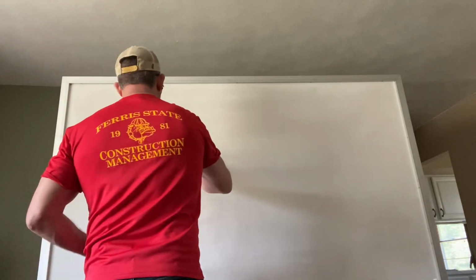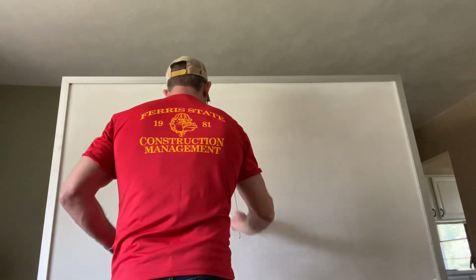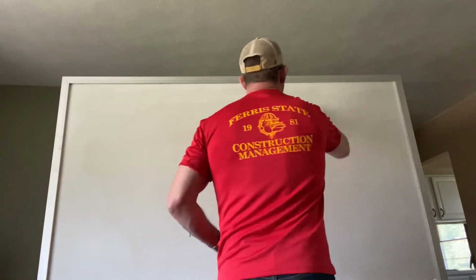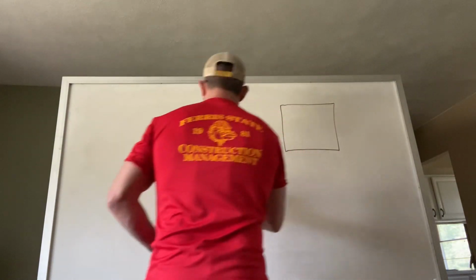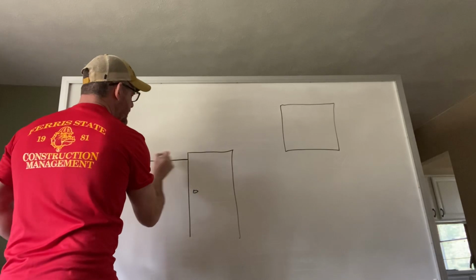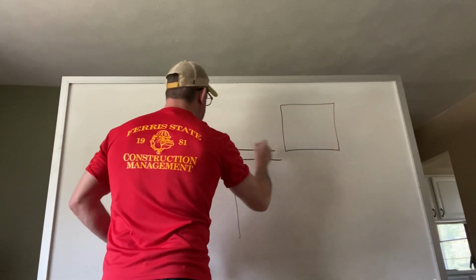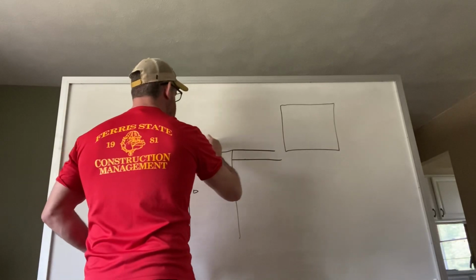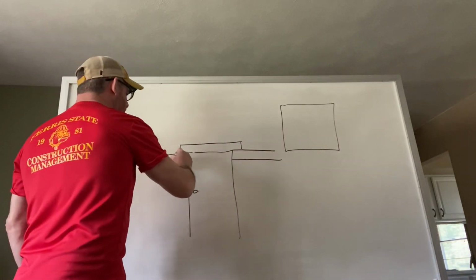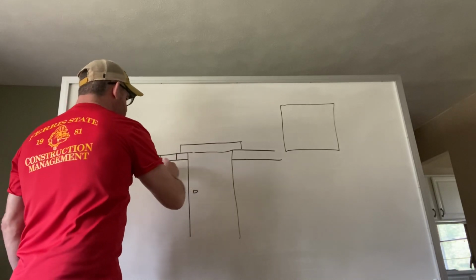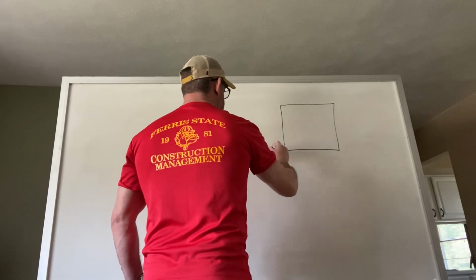So again, if I've got a door, or I've got a window, that lintel is a block that carries weight over that opening. My lintel would be placed right there, and this would be my block as I continue up the wall. Everybody should be able to visualize that and understand that.